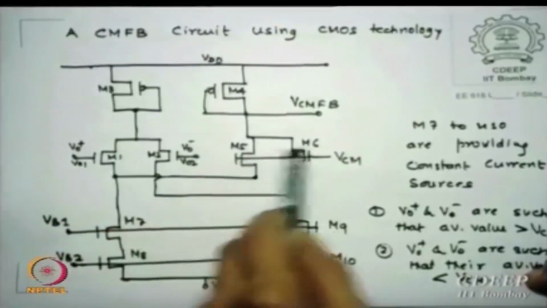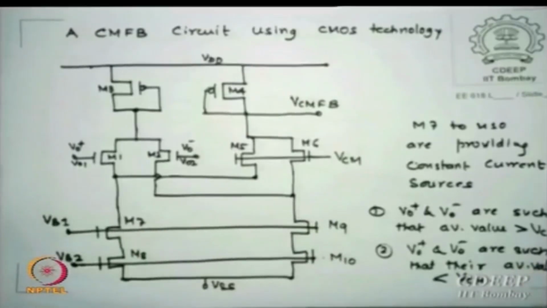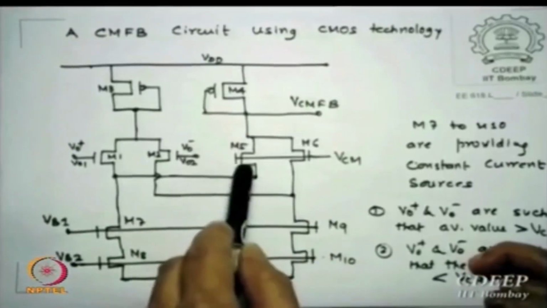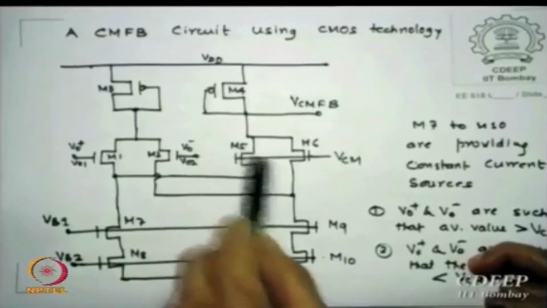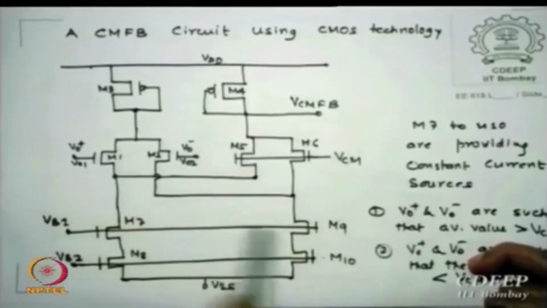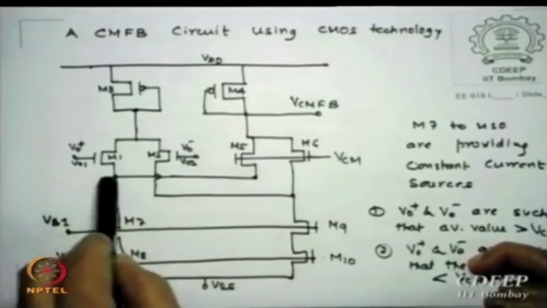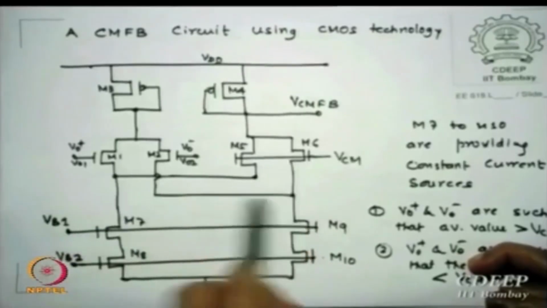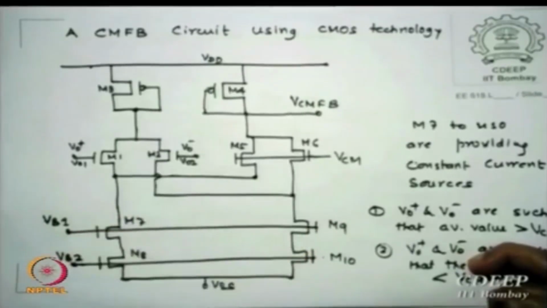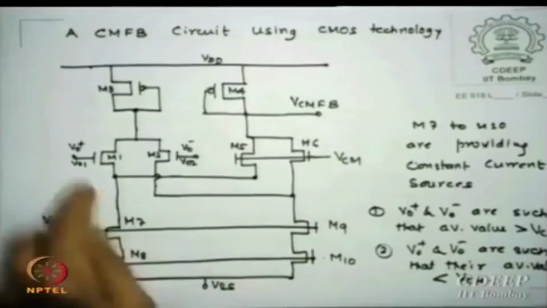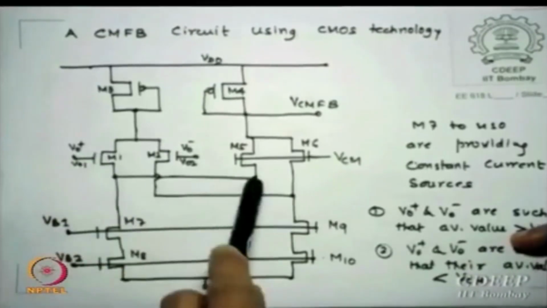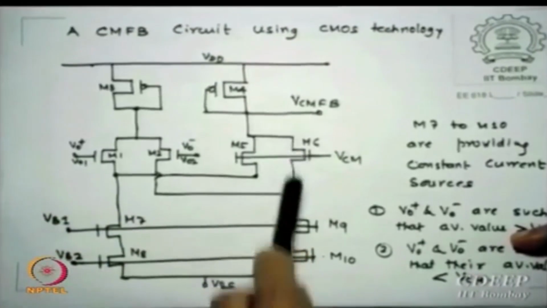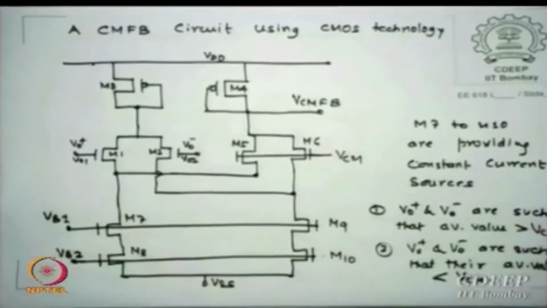Then there are another two transistors, M5 and M6, all of which are N channels. The source of M5 is connected to the source of M1, and the source of M6 is connected to the source of M2.